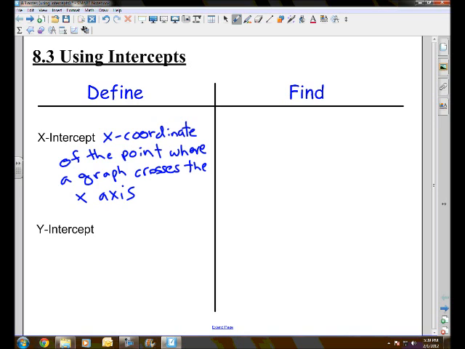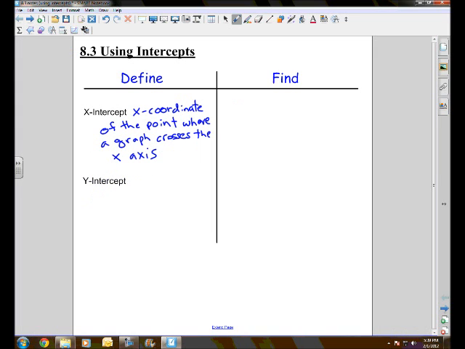Okay, so we're dealing with linear equations right now, so we're dealing with lines, right? Remember from last section? We're looking for the point where that line crosses the x-axis, right? Okay, so let's extend this page, give myself a little room here.